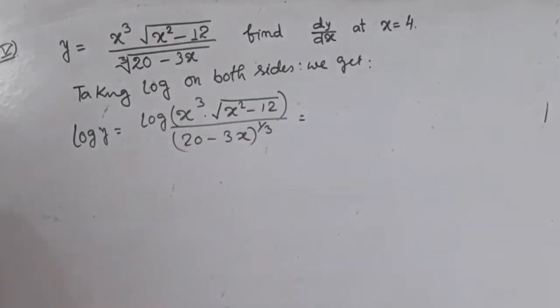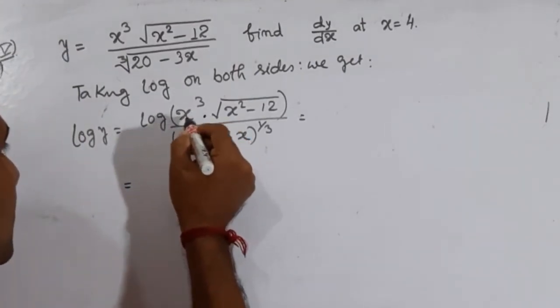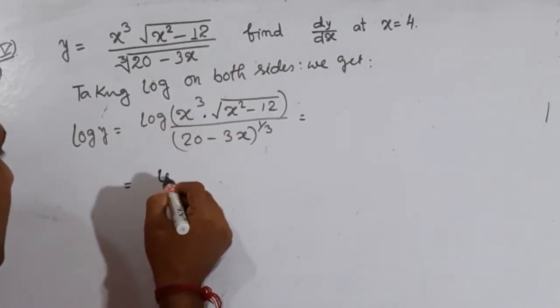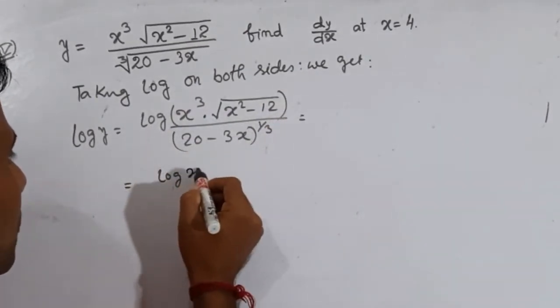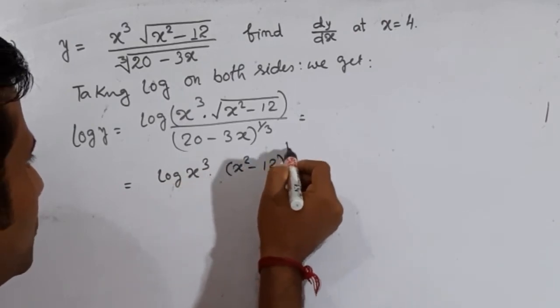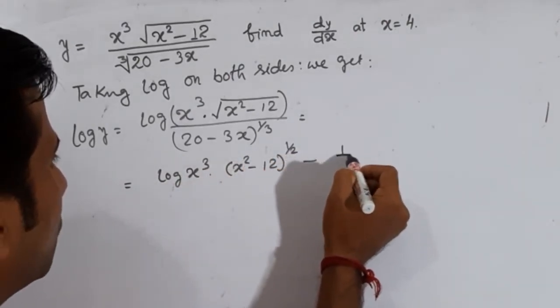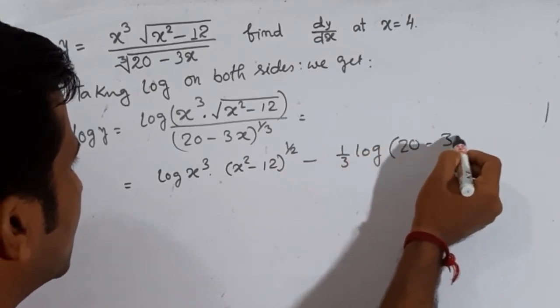We know that this is u by v form. Then log a by b means log a minus log b. Then log x cube into x square minus 12 whole to the power half minus 1/3 log 20 minus 3x.